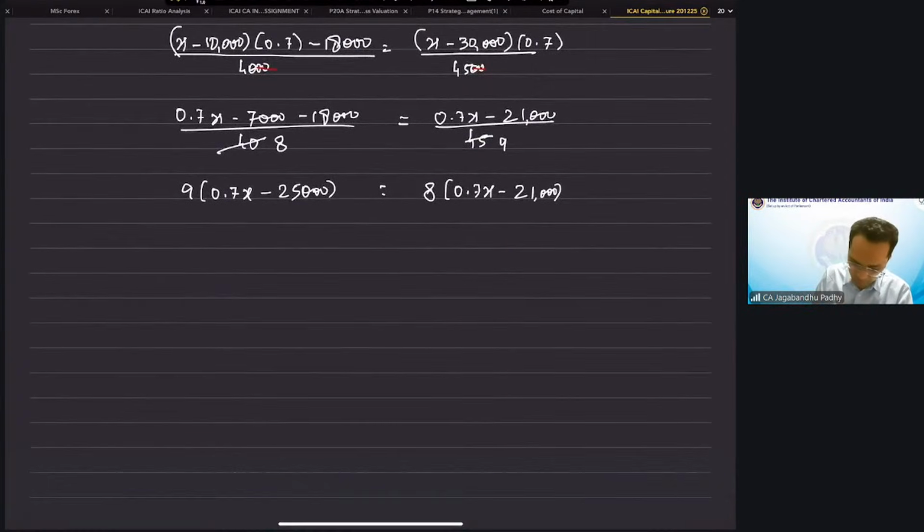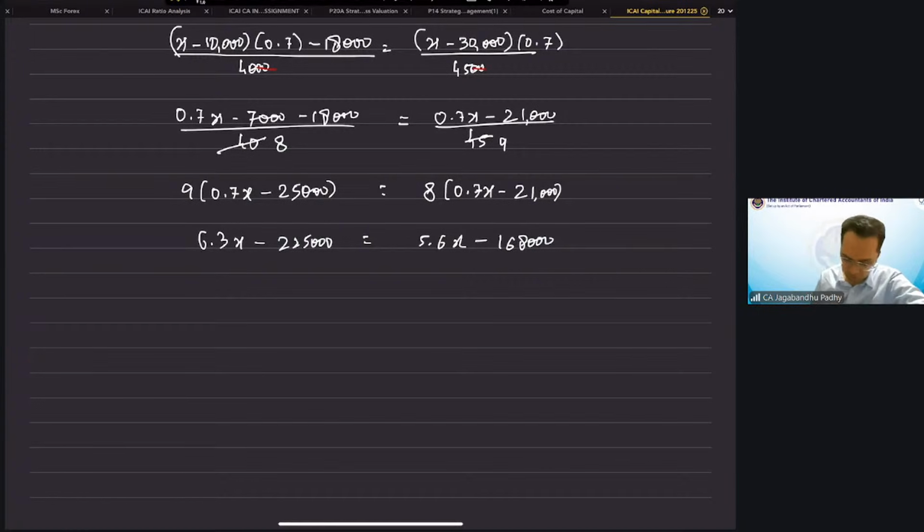So 9 into 0.7 will be 6.3x minus 25,000 into 9, which will be 2,25,000, is equal to 8 into 0.7, which will be 5.6x minus 21,000 into 8 will be 1,68,000.